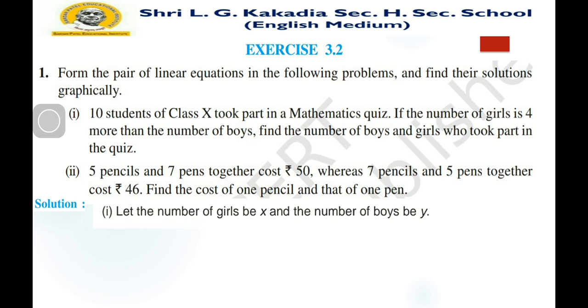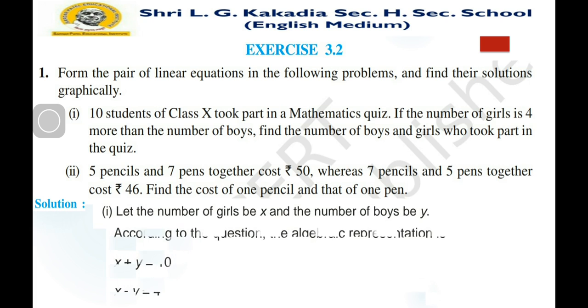Let the number of girls be x and the number of boys be y. So from the first line we get the first equation. According to the question, the algebraic representation is x plus y is equal to 10, that is the number of girls plus number of boys is equal to 10 as given in the problem.